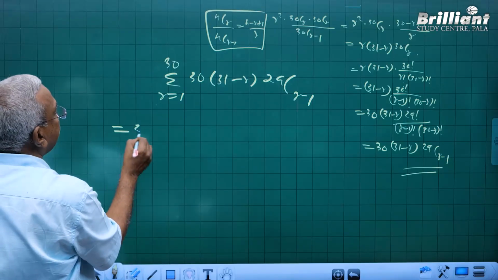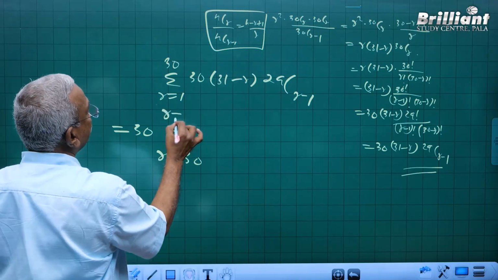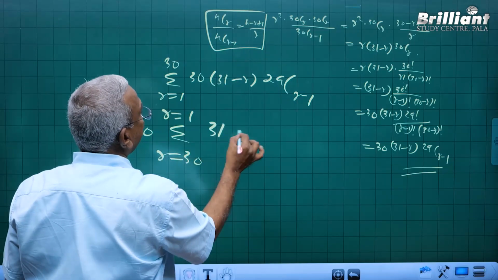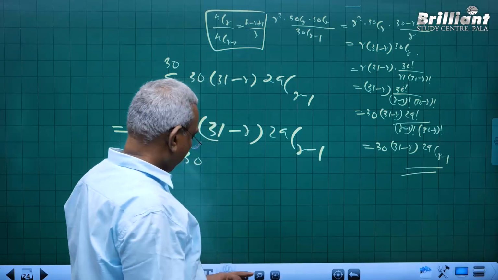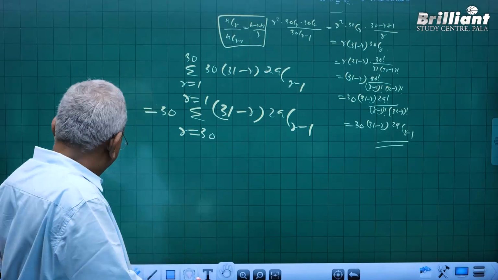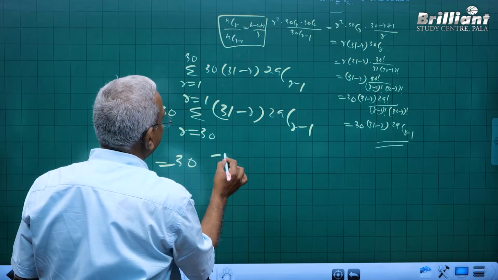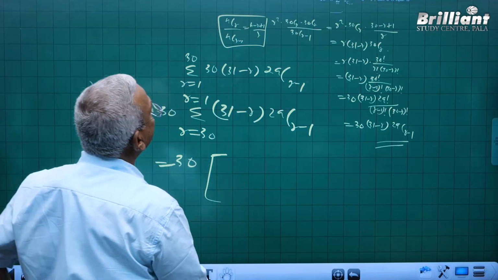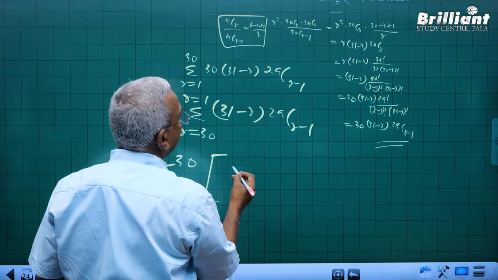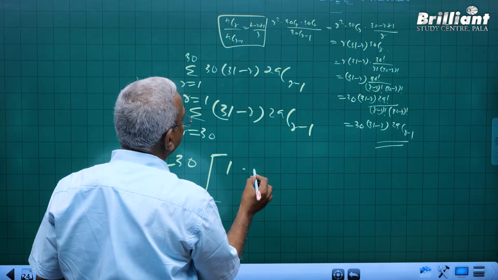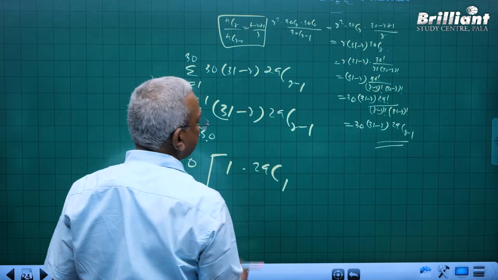So, this is equal to 30 into sigma r is equal to 1 to 30, 31 minus r into 29C r minus 1. Now, look at this. This will be written in the form 30 into, replacing r with 1 here, 31 minus r is 30 minus 1, so 1 into 29C 1.